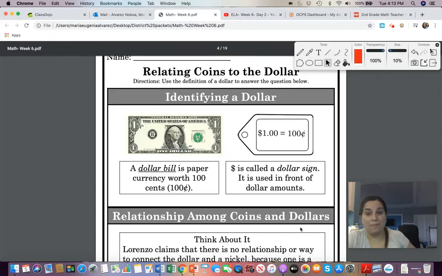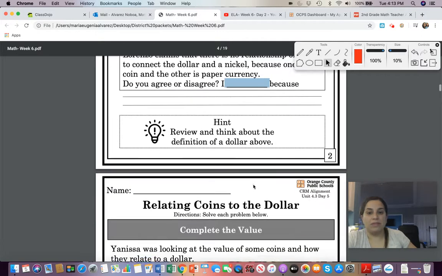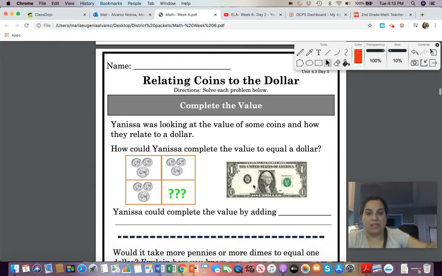Think about that. Your job is to write agree or disagree here. If you agree, then you write agree, and then you explain why. I agree because... or I disagree because... I'm curious to see what you respond to that.